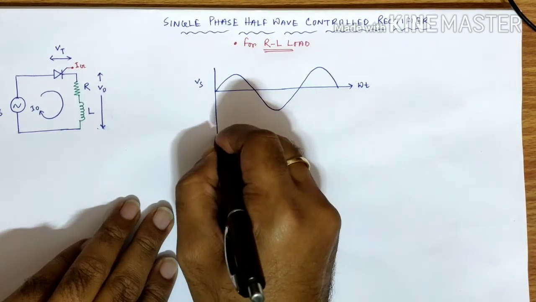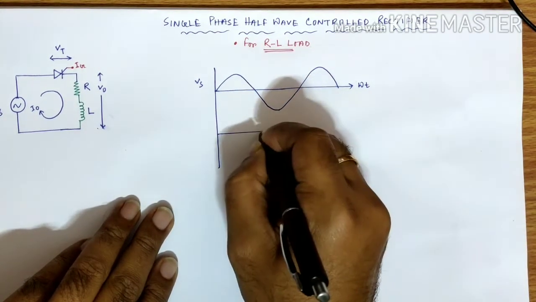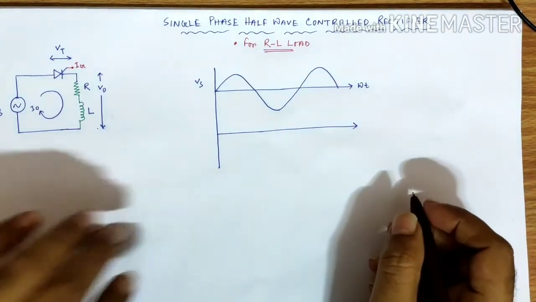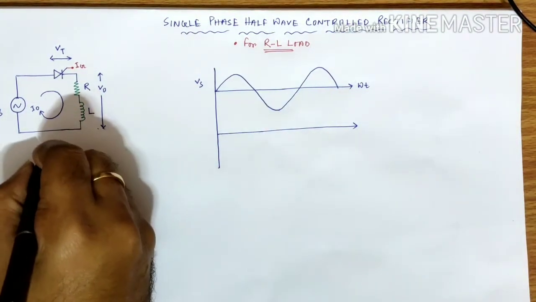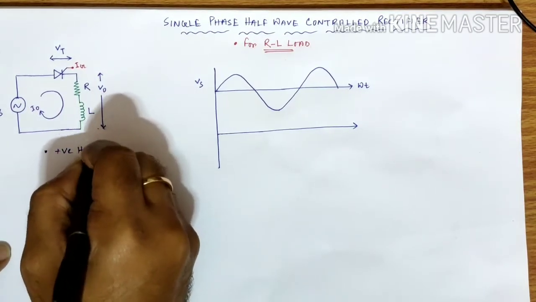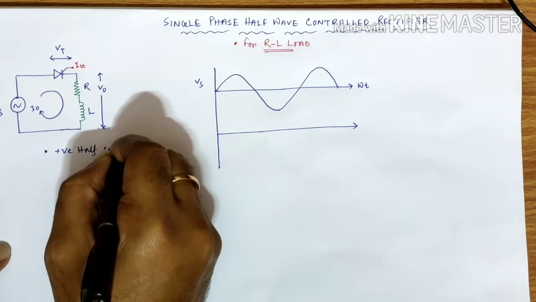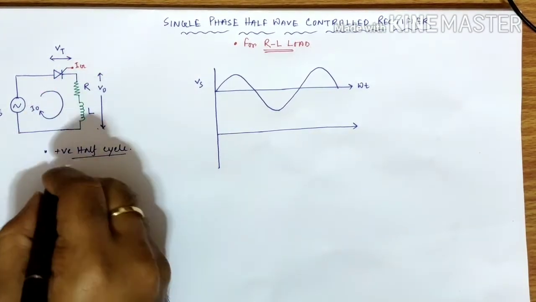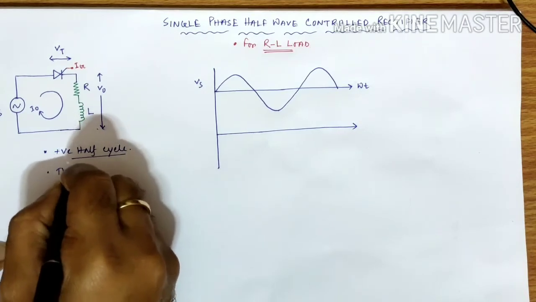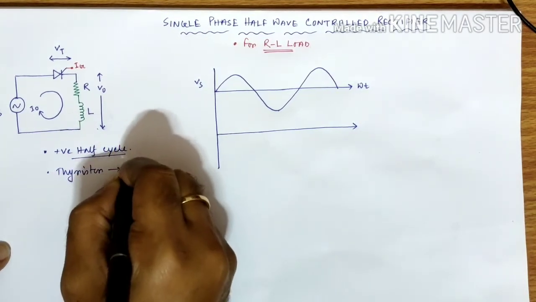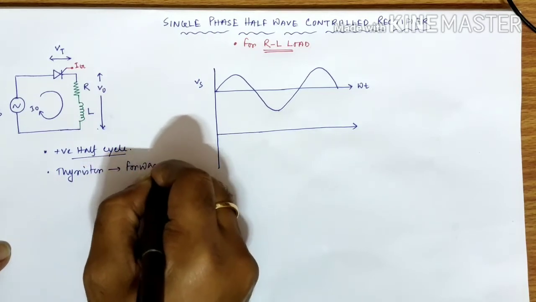Now, in the positive half cycle, what happens? During the positive half cycle, the thyristor is forward biased.